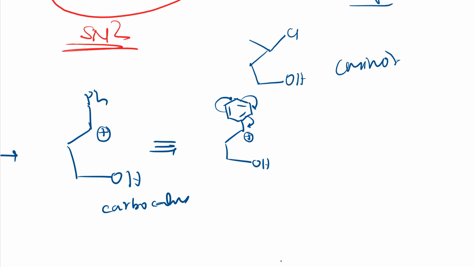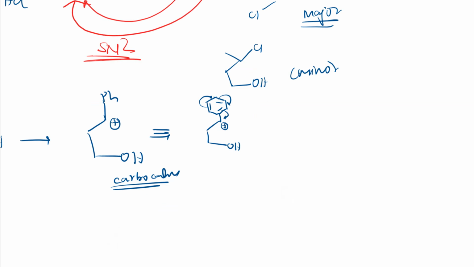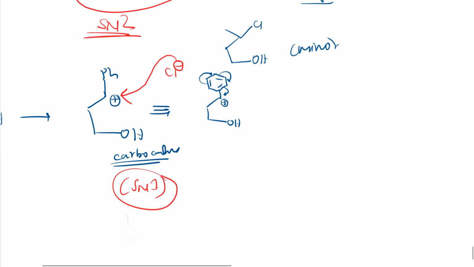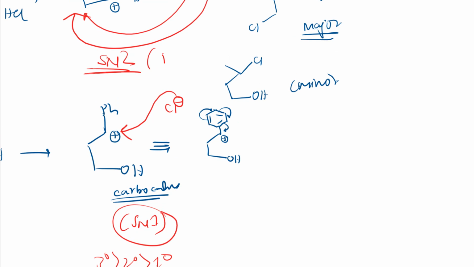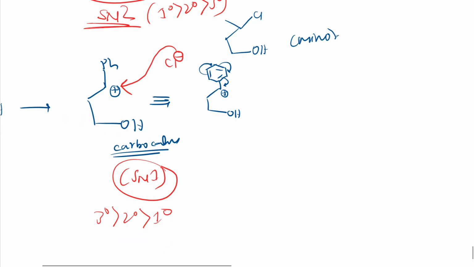And I have told, whenever there is formation of a carbocation, it is through an SN1 reaction. So SN1 reaction means the nucleophile, here Cl minus is the nucleophile, will attack the carbon which is more hindered, because the order will be tertiary, secondary, primary in SN1. Whereas for SN2 it will be primary, secondary, and tertiary order. Right. So what will I get? I'll get this product as major here.